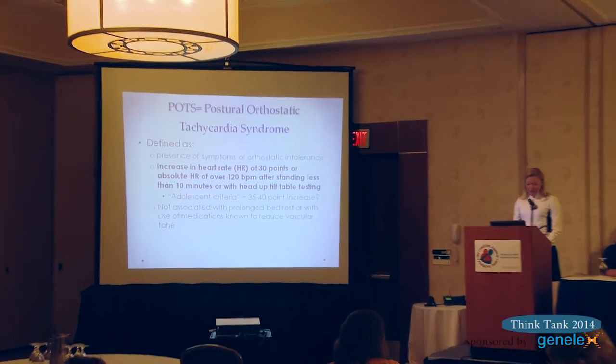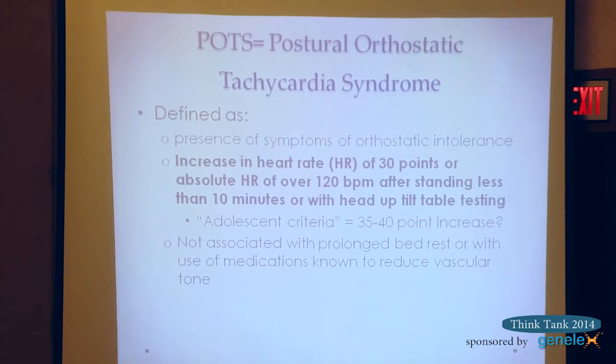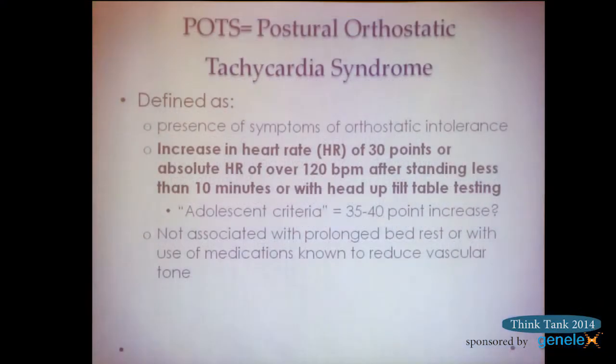POTS actually has a very strict definition. This is the minimum criteria that we have established over time. It is defined as the presence of symptoms of orthostatic intolerance. So it's not just numbers, you actually have to have symptoms, and that's something I get questions about all the time. The criteria is an increase in heart rate of 30 points or more, or an absolute heart rate of over 120 beats per minute after standing less than 10 minutes or after head-up tilt table testing.